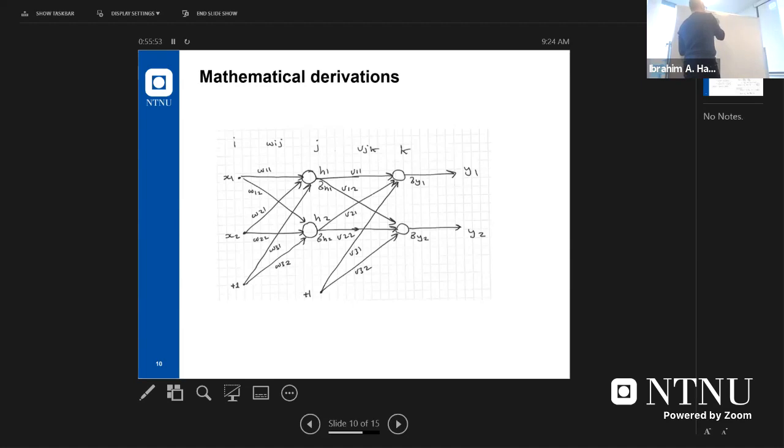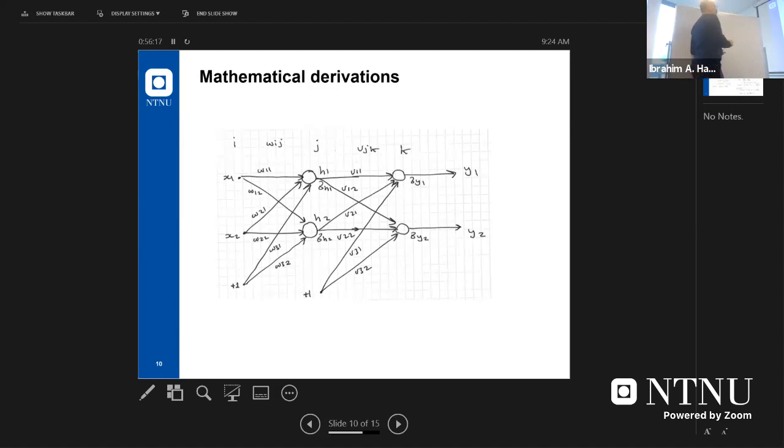So this is input x equals x1, x2. But remember, we have +1 here. This +1 is a bias. I can just add +1 here, and it's okay, because it will be like an input for the gradient.